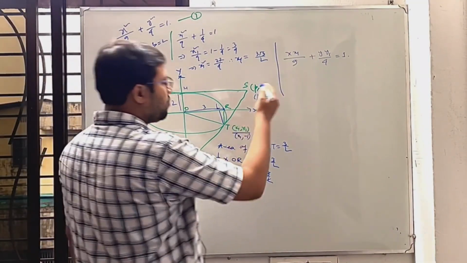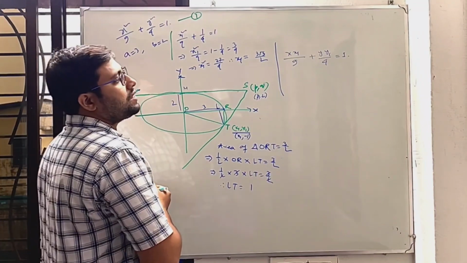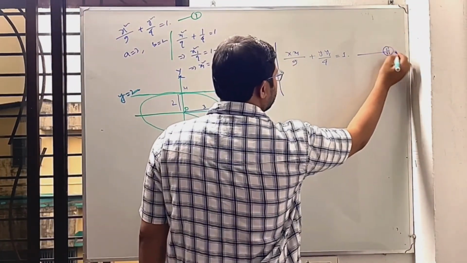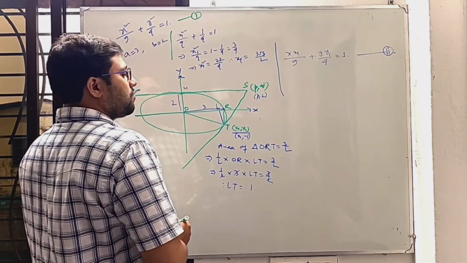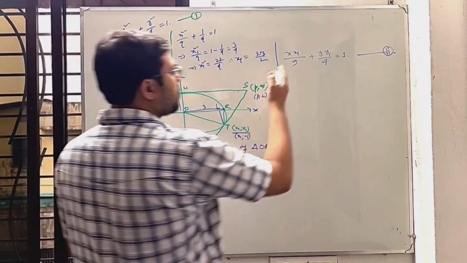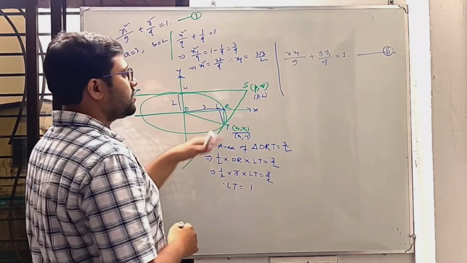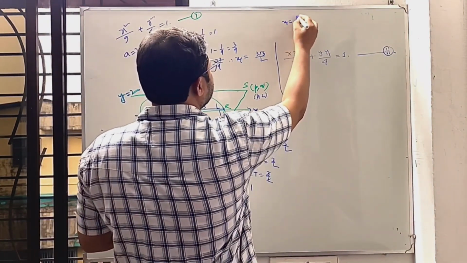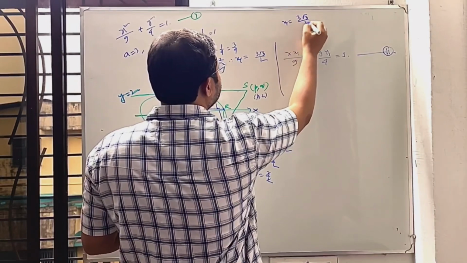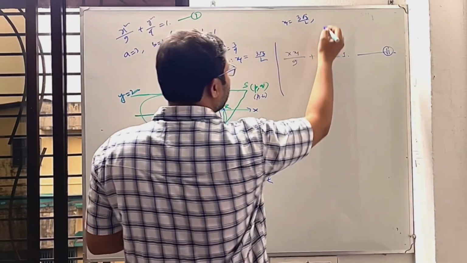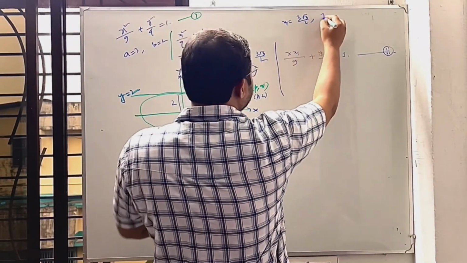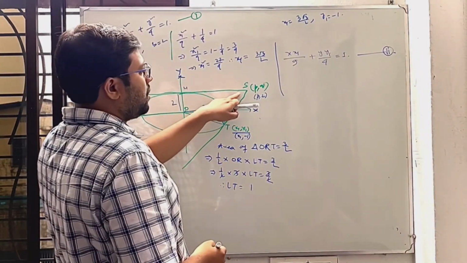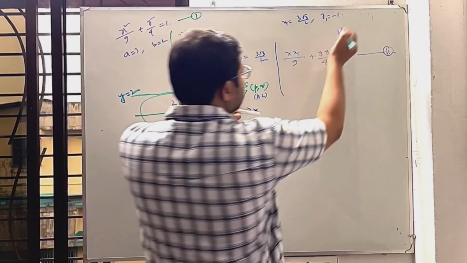So this is the equation of this tangent ST, and suppose this is equation 2, and we will put the values of x, y and x1, y1 in this equation 2. The value of x1 is 3 root 3 by 2, and the value of y1 is minus 1, and what is the value of y?